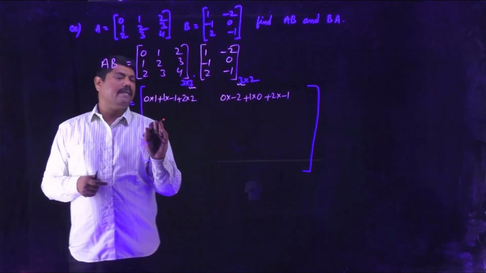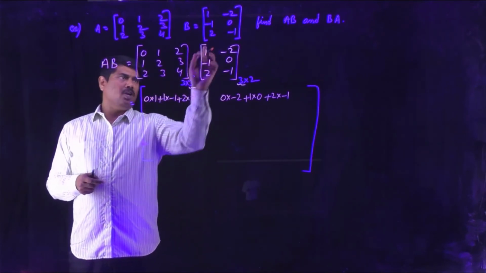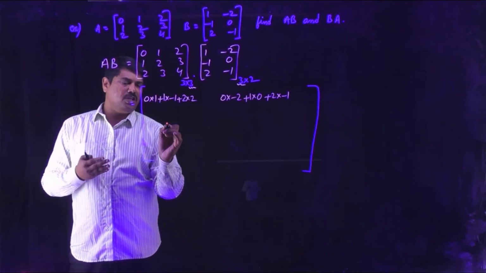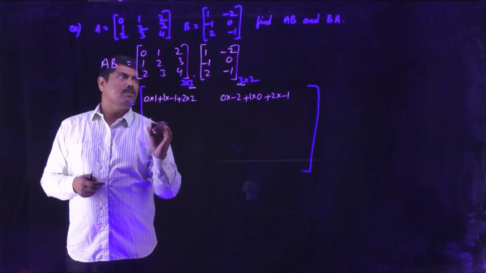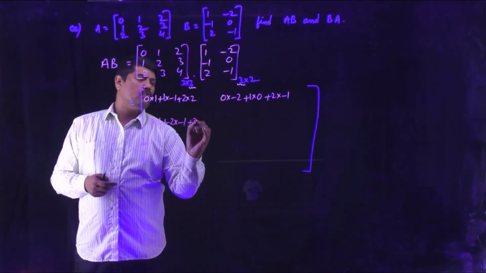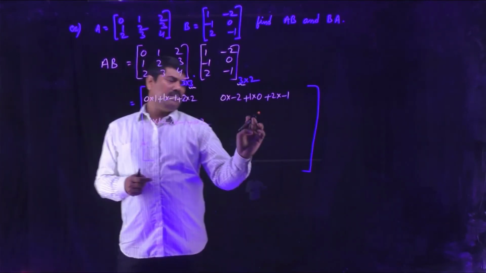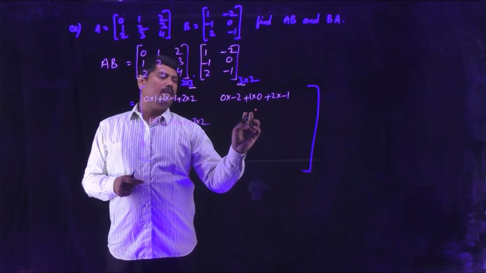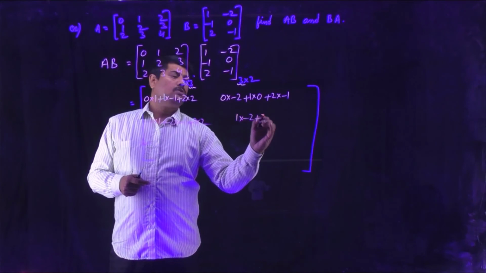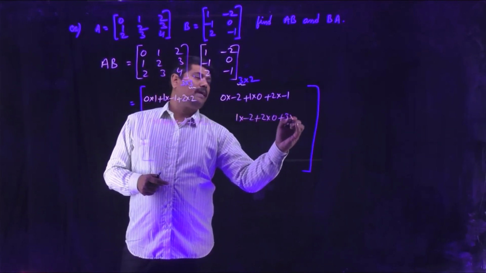Now we come to the second row. This is the 2 1 position. 2 1 indicates the multiplication of the second row with the first column. So that is 1 into 1 plus 2 into minus 1 plus 3 into 2. This is second row second column, that means multiplication of the second row with the second column: 1 into minus 2, 2 into 0 plus 3 into minus 1.